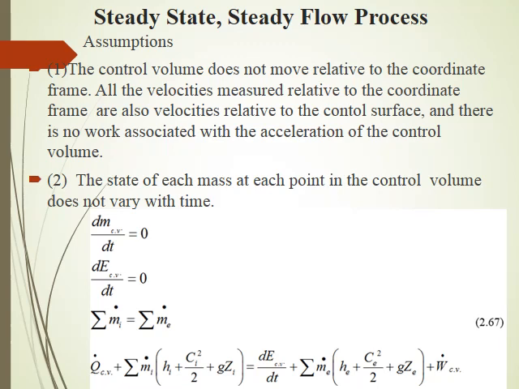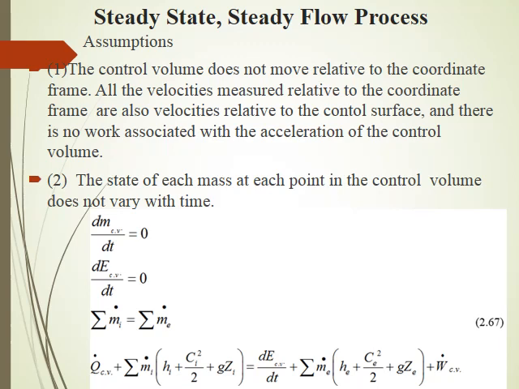So this will be 0. Similar will be the case for the energy. That is why we have put dECV upon dt equal to 0. When the state is not changing within the control volume, energy will also not change with respect to time.